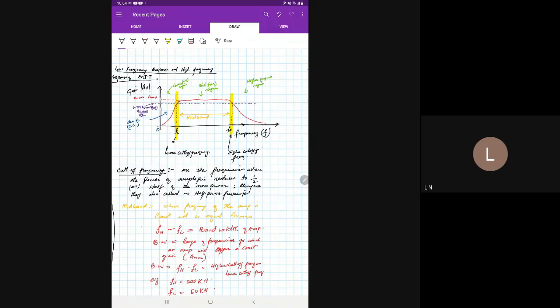Now for the high frequency response, the gain after the higher cutoff frequency decreases. That is here.